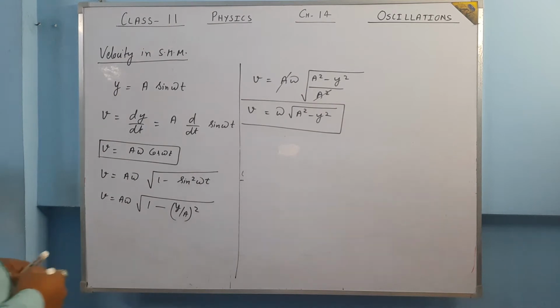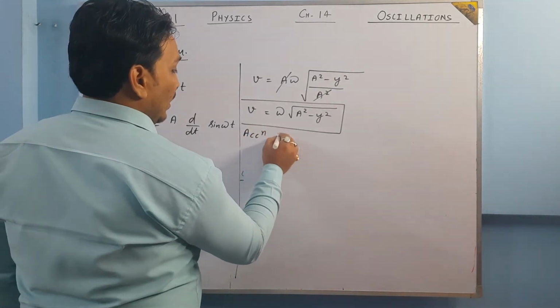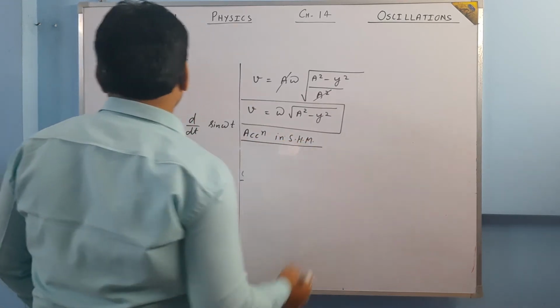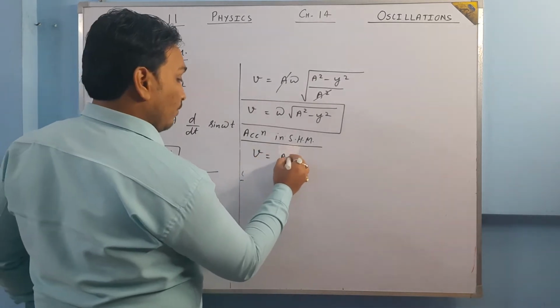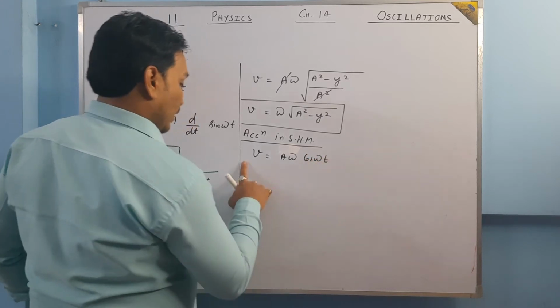Now let us talk about acceleration in SHM. So what we have got? We have got v is equal to a omega cos omega t, right?